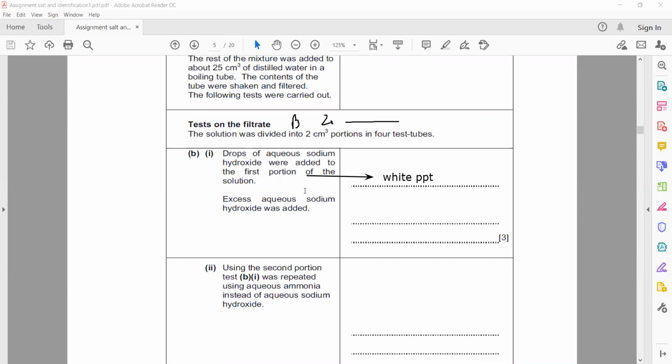And if we add an excess of sodium hydroxide, what will we observe? Does the precipitate dissolve or is it insoluble? If there is a zinc salt and you have a white precipitate, what is the observation?